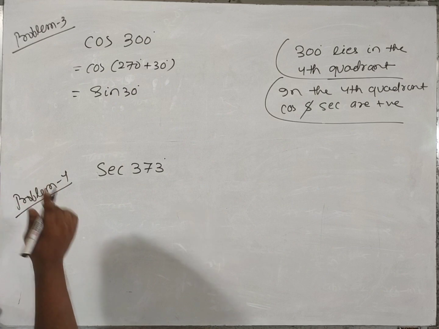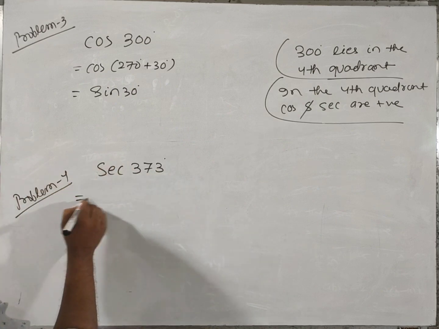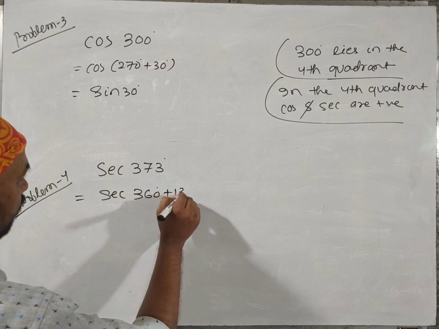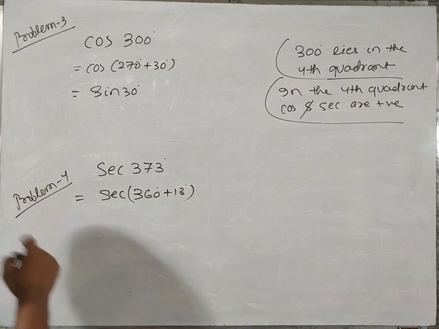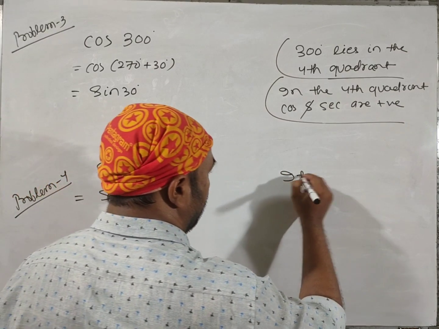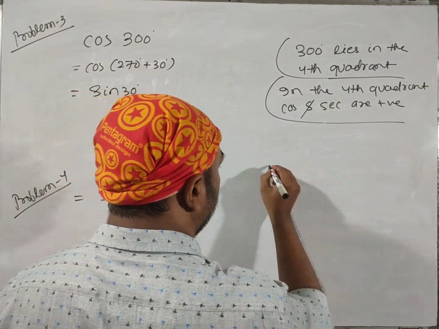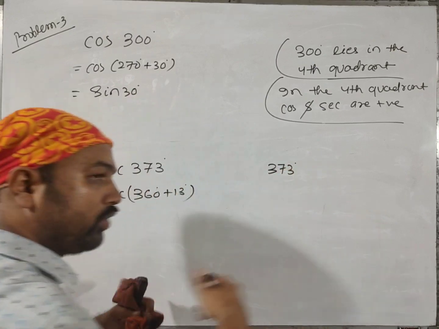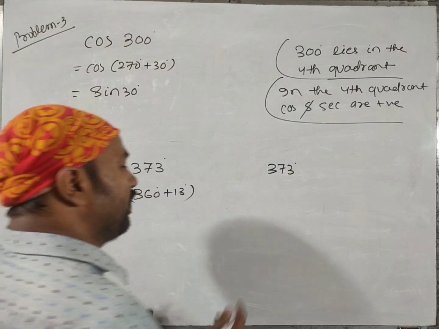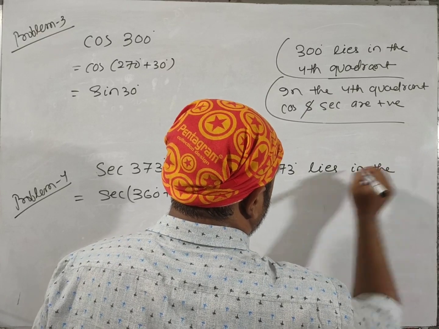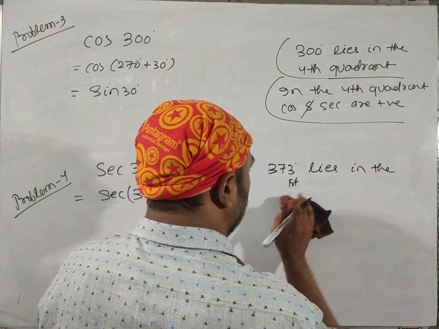Then let us go through the last question, sec 373 degree. It can be expressed in the form of 360 degree plus 13 degree. It lies in the first quadrant. 373 degree, after a complete rotation, will again lie in the first quadrant.